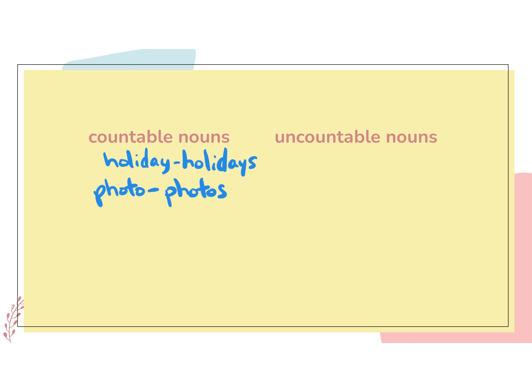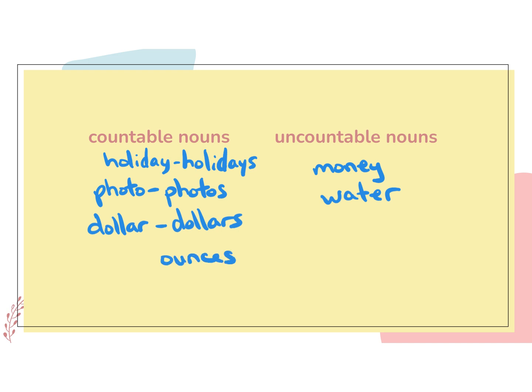For example, if someone asks you, "How much money do you have?" you wouldn't answer by saying, "I have 4 monies." You might say, "I have $4," because dollars are countable. $1, $2, $3, etc. Water is not countable, but ounces are. Snow is not countable, but snowflakes are.